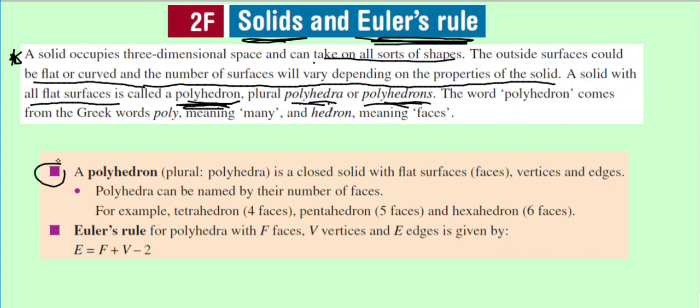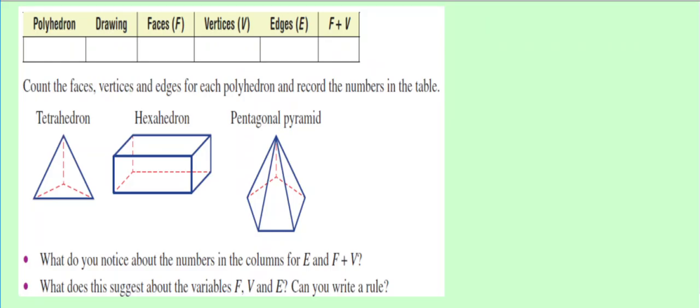A polyhedron, as we have just said, is a closed solid with flat surfaces, and we call those flat surfaces the faces. If you think again of a dice, it's those flat faces of the dice. It also has vertices, which are like the points. If I show you a quick diagram, we're looking at these points here. They're your vertices.